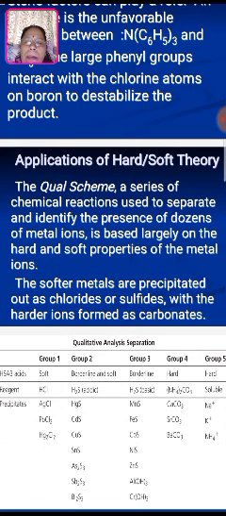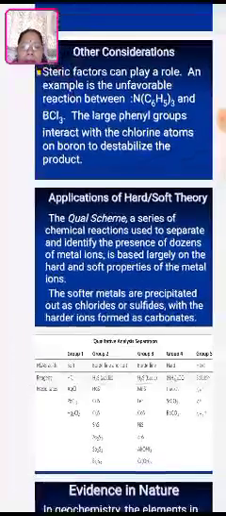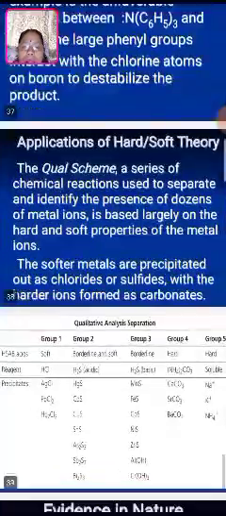In Qualitative analysis scheme, a series of chemical reactions used to separate and identify dozens of metal ions is based largely on the hard and soft properties of the metals. The softer metals are precipitated out as chlorides or sulfides, with the harder ions formed as carbonates.